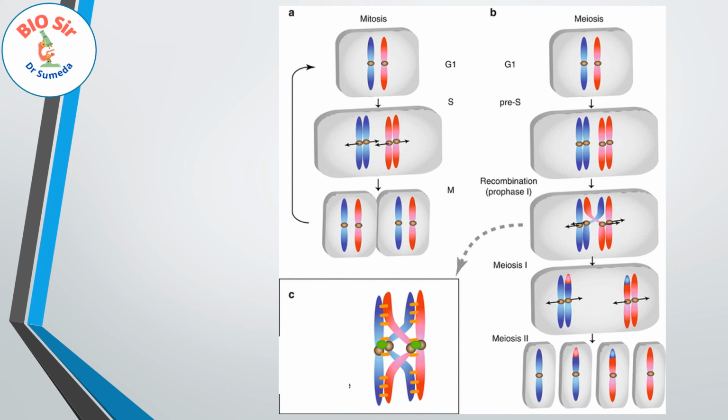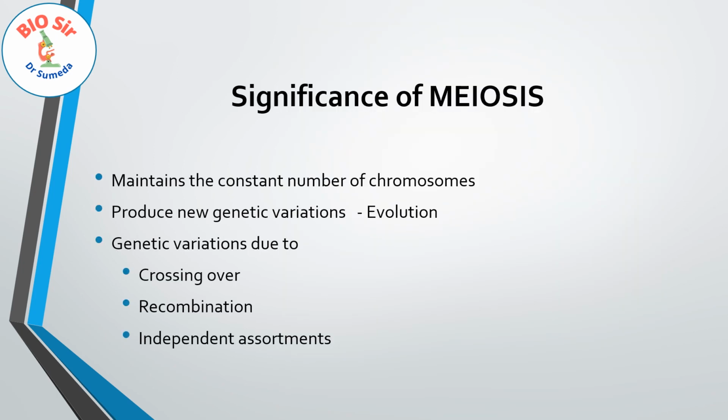Why? The other cell is coming from the opposite sex. So this is the significance of meiosis. It maintains the constant number of chromosomes. In sexual reproduction, we will have two cells coming from opposite sexes. If meiosis does not happen, what will happen?